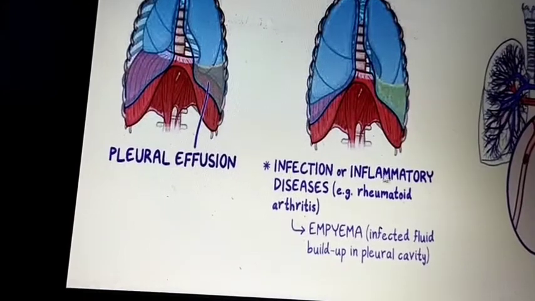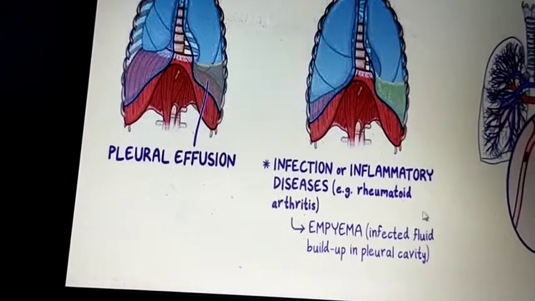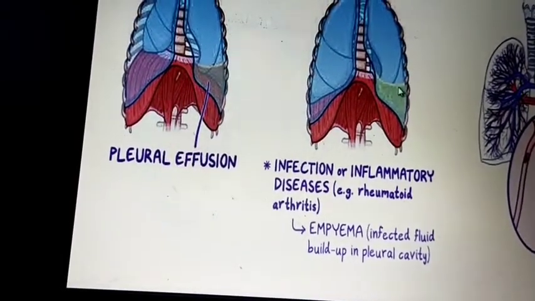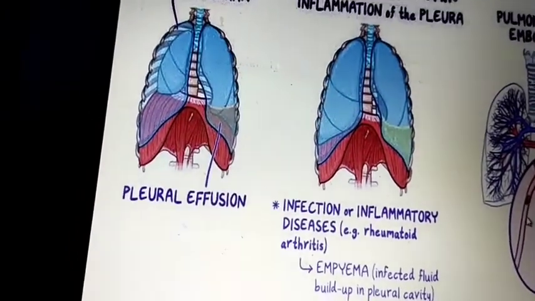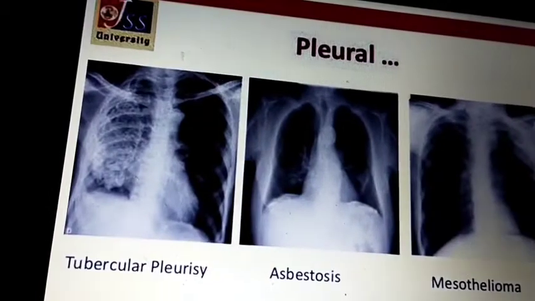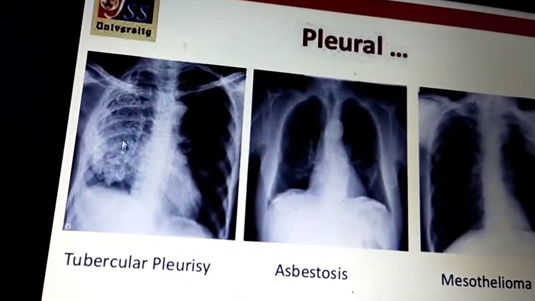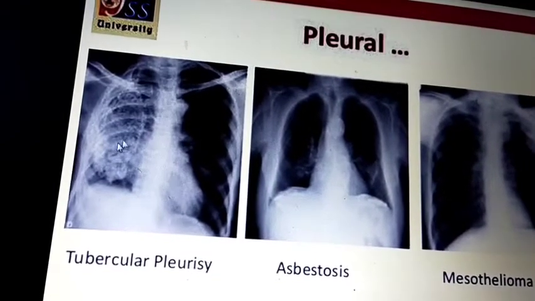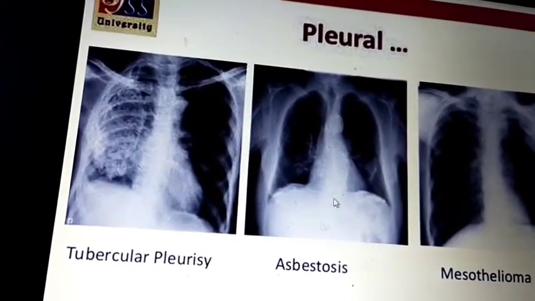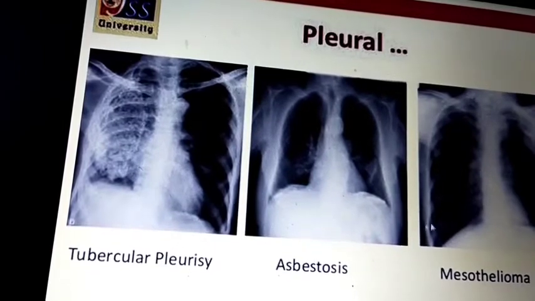It may be infection or inflammatory disease like rheumatoid arthritis. And pulmonary emboli, there is also a collection here. See, this is tuberculosis of the pleura, pleurisy. Like that, scattered. I can also say asbestosis and mesothelioma.